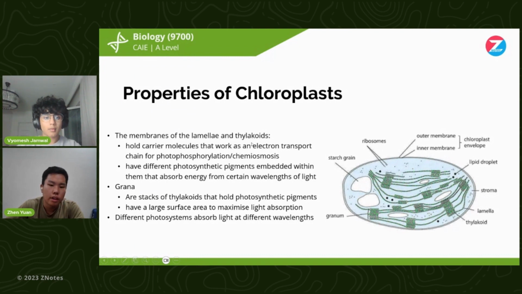Now, where have we seen chemiosmosis before? We've also seen it in mitochondria, right, from the previous chapter. Exactly. It's the exact same kind of process, chemiosmosis, to generate ATP. But in this case, instead of oxidative phosphorylation, we call it photophosphorylation.